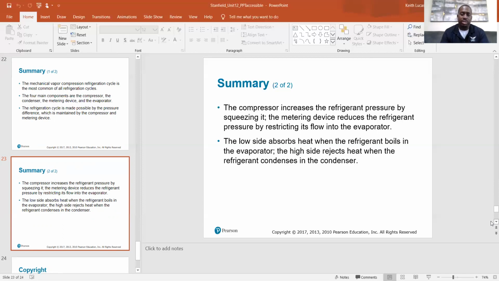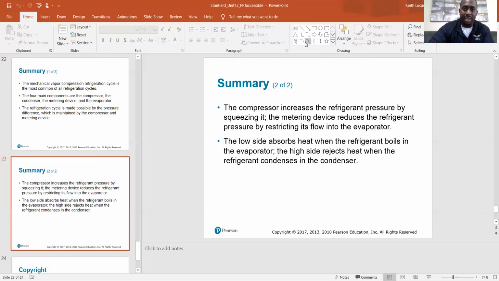We want liquid going to the evaporator coil because the substance can absorb more heat when it's going from liquid to vapor. So we want liquid going to the evap coil. We want vapor going to the condenser coil. We're absorbing heat at the evap coil. We're removing that heat at the condenser coil.